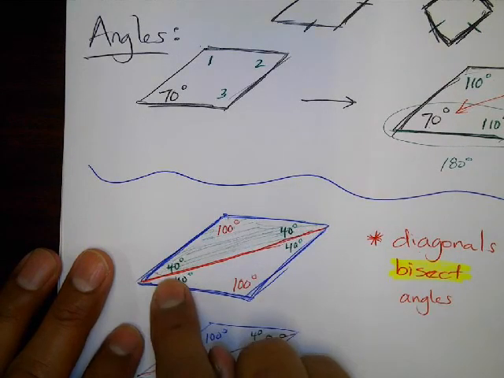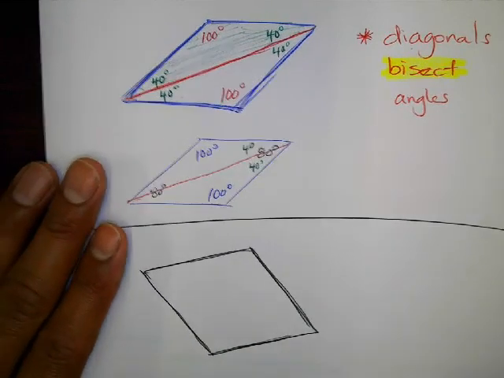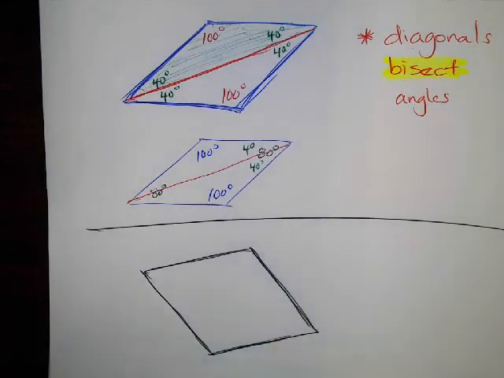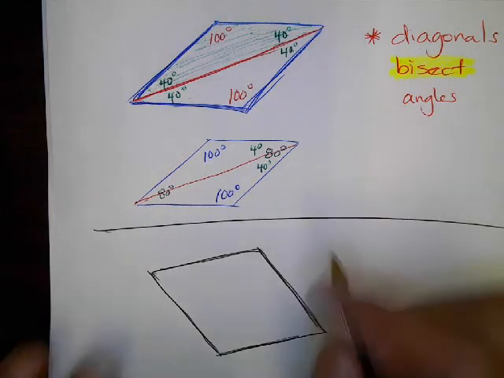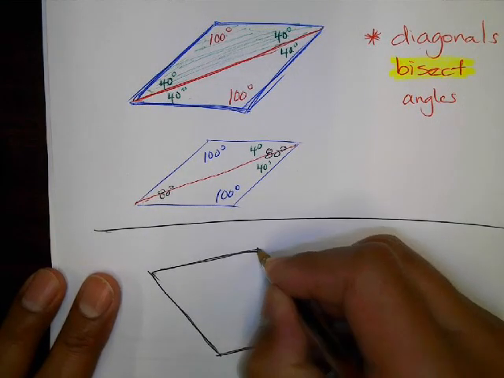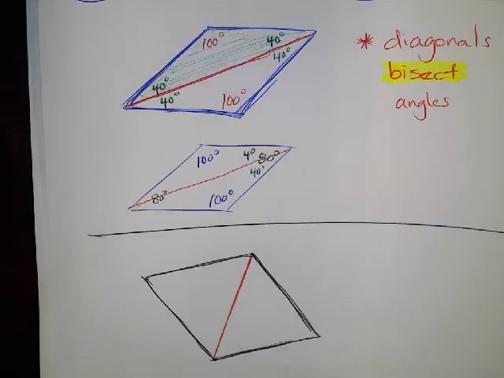Now, knowing this, that these will be the same and these will be the same, what if you start with the diagonal already here? So this one's cutting this angle here.